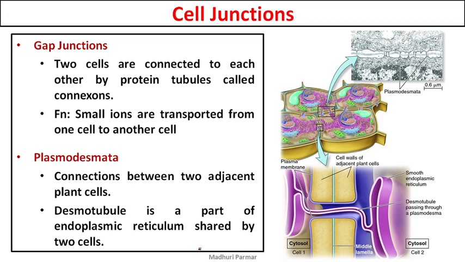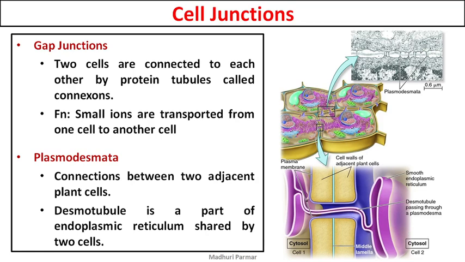The final type of cell junction is plasmodesmata. Plasmodesmata we have already studied in the cell wall. Okay, it is basically a pore, and through that pore you have smooth endoplasmic reticulum which are connected. Okay, from cell 1 to cell 2 there is this desmotubule through which two smooth endoplasmic reticulums are connected, right?